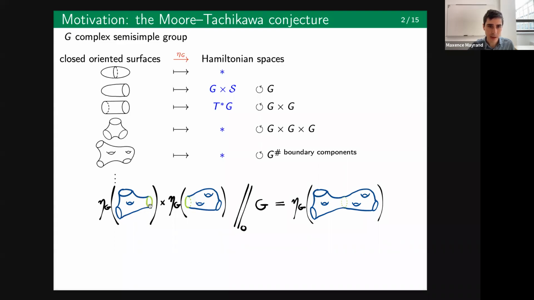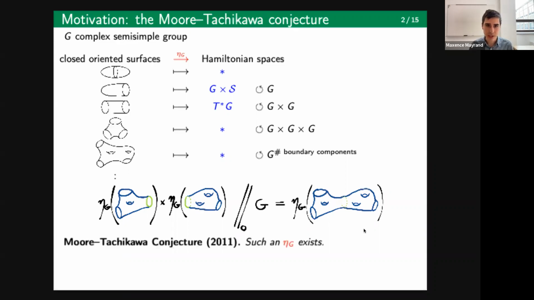So we can single out one of these G actions, and same for the other, and do the symplectic reduction along the diagonal action of G on these 2 Hamiltonian manifolds. So that's a new Hamiltonian G cross G space, and it should be isomorphic to the one on the right-hand side.